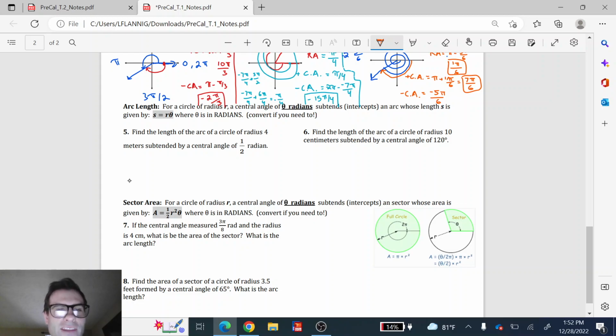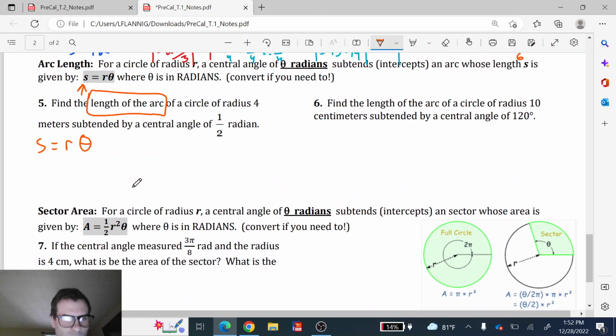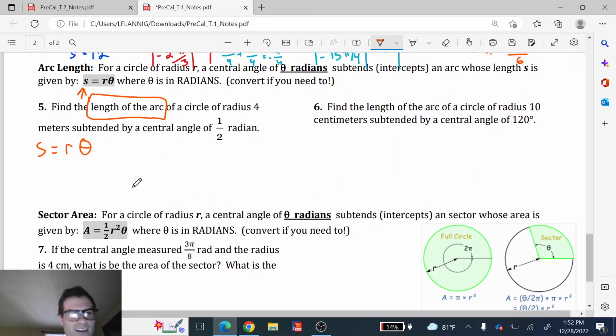So we're going to find the length of the arc of a circle of radius 4 meters subtended by a central angle of 1/2 radian. So again, our goal is to just find the length of the arc, which is this s right here. So we just say, all right, s is equal to r theta. Think about the things that we know. Well, we know the radius is 4 meters.